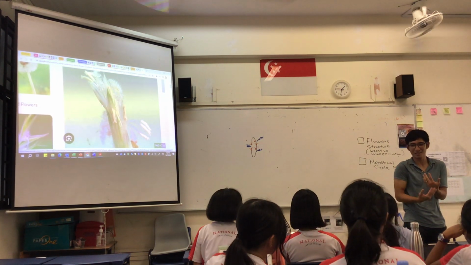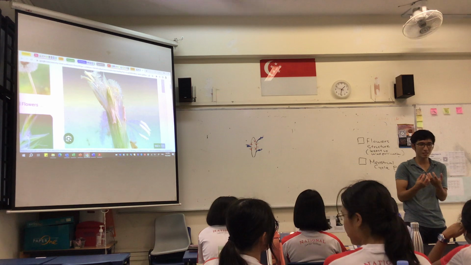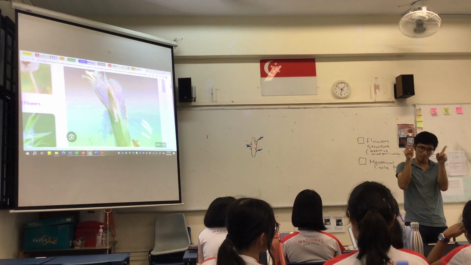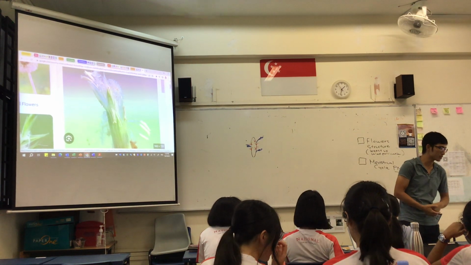With super eyes like mine, you can see, if you look very close, little ring-like structures. Those are the stigmas.